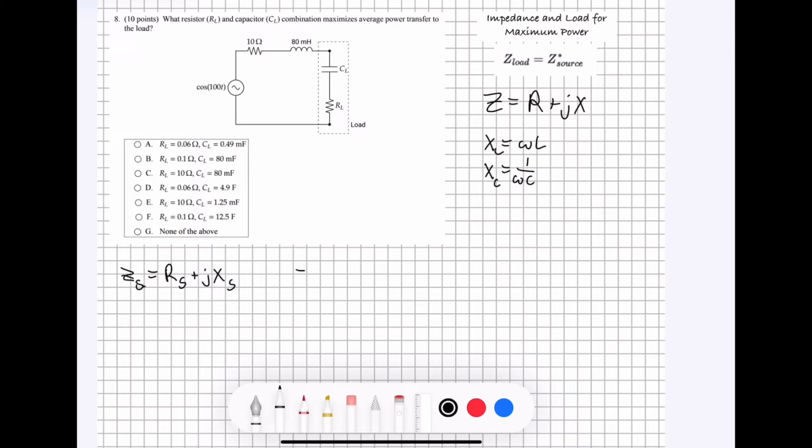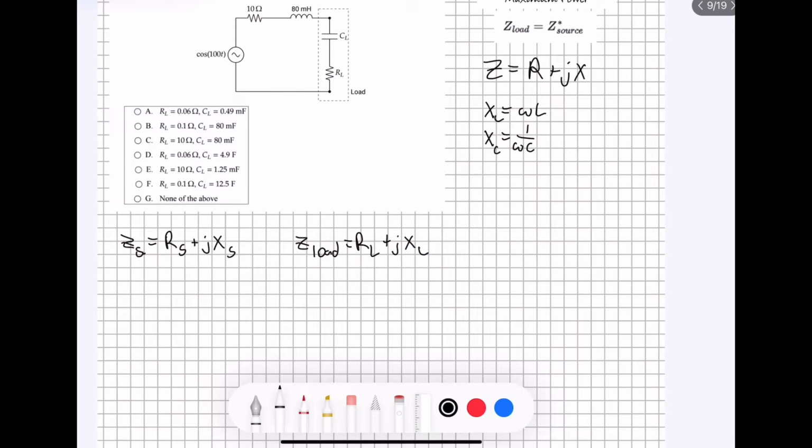We also know that the impedance of the load is going to be equal to the resistance of the load plus J times the reactance of the load. So if we want to find the reciprocal of the source, it's going to be the exact same, but instead of an addition sign right here, we're going to have a negative sign.